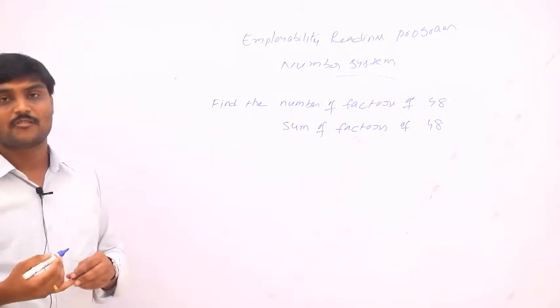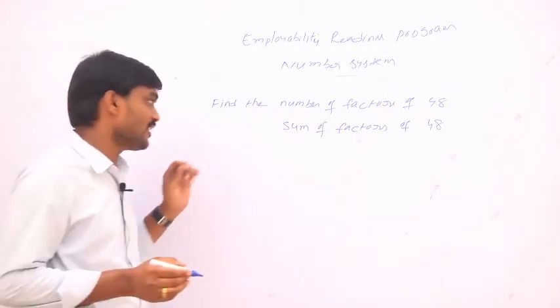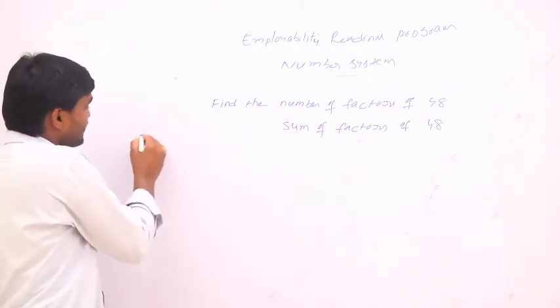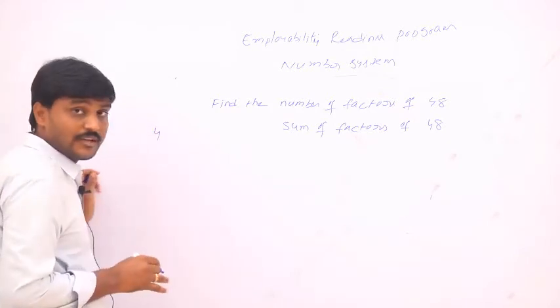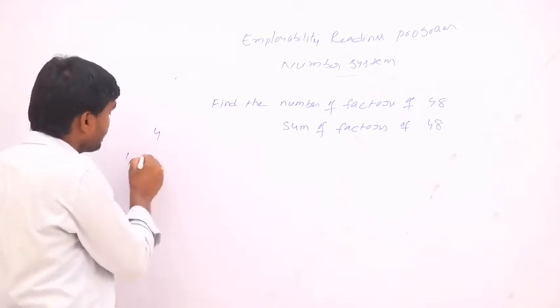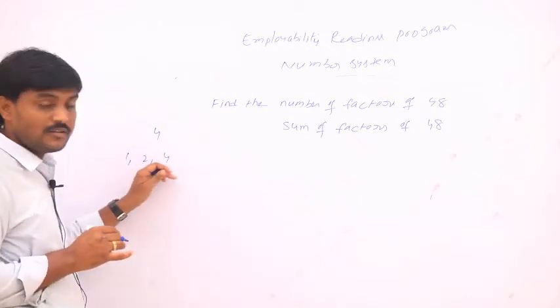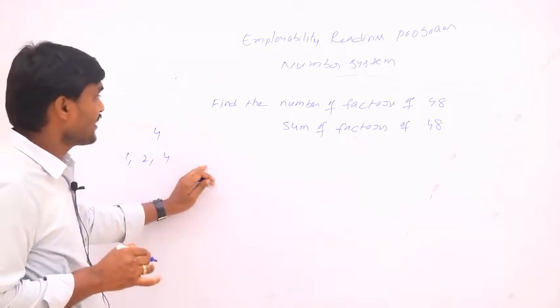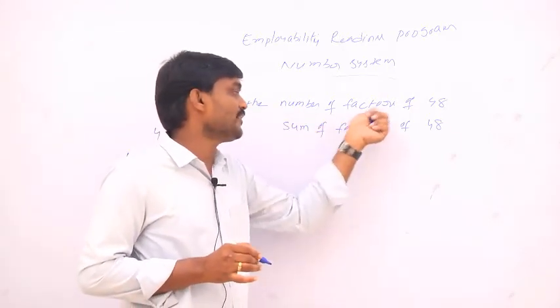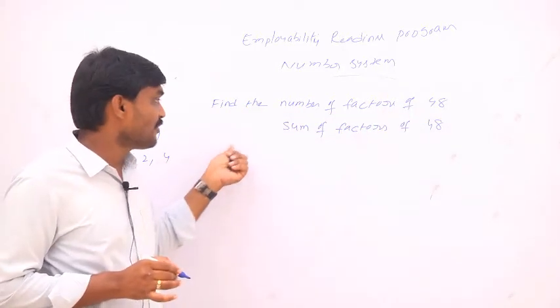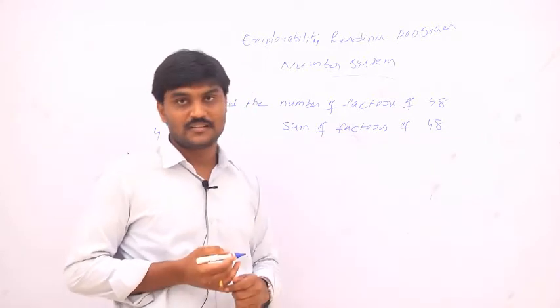What is a factor? What is a divisor? Take 4: the factors are 1, 2, 4, and the divisors are also 1, 2, 4. So the question could be: find the number of divisors of 48, or the sum of the divisors of 48.